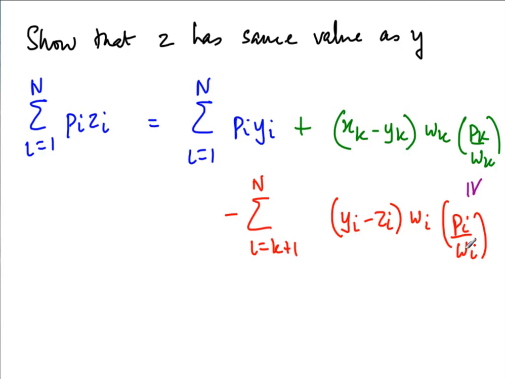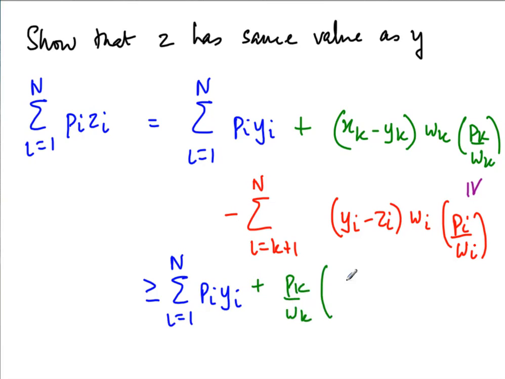And since I have a larger amount subtracted, I can write this as greater than or equal to the summation of 1 to n pi yi plus, and now I pull out this pk by wk as a common thing everywhere.